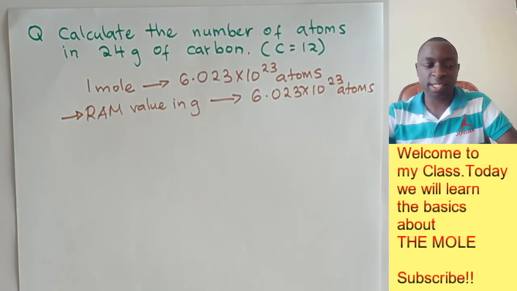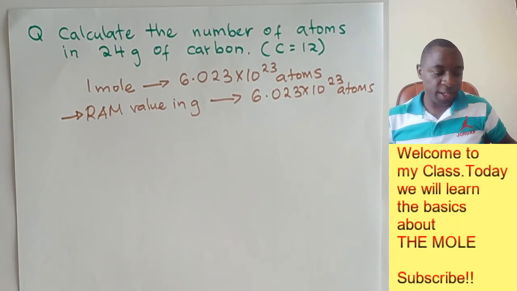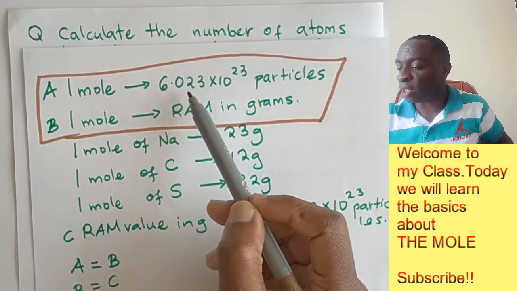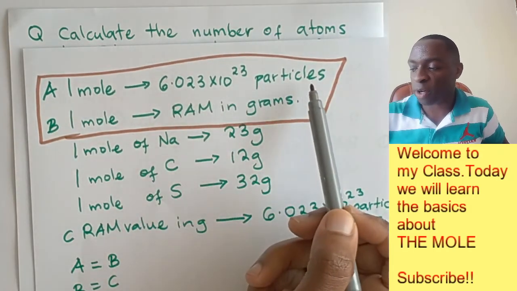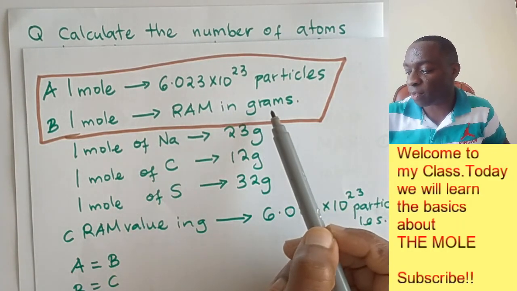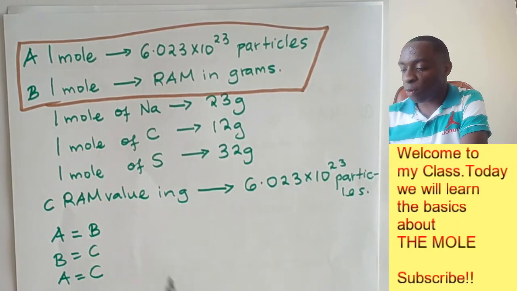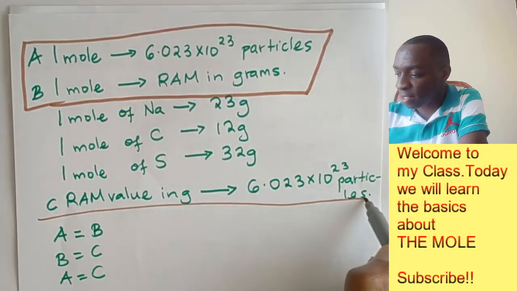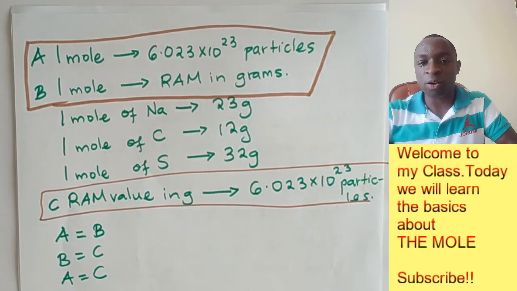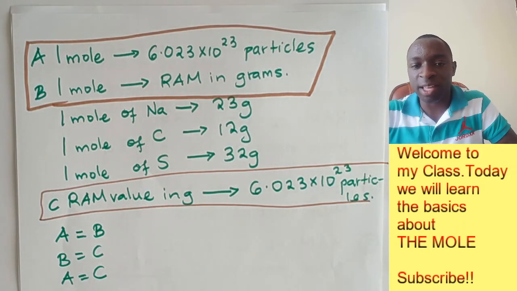At least it is the combination of the first statement, A and B, I had talked about earlier. You remember that 1 mole is 6.023 times 10 to the power 23 particles, and 1 mole is also the relative atomic mass value in grams. So it follows this third statement that the relative atomic mass value in grams is also equivalent to Avogadro's number.